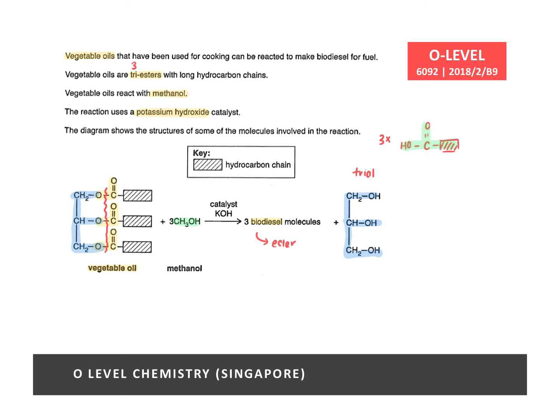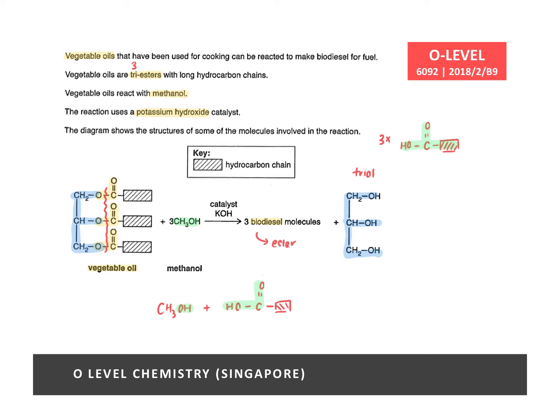So once again, given an alcohol and a carboxylic acid, how do we get the structure of the ester? The trick is to arrange the functional groups to face each other. So make sure that your alcohol functional group is facing your carboxylic acid functional group.